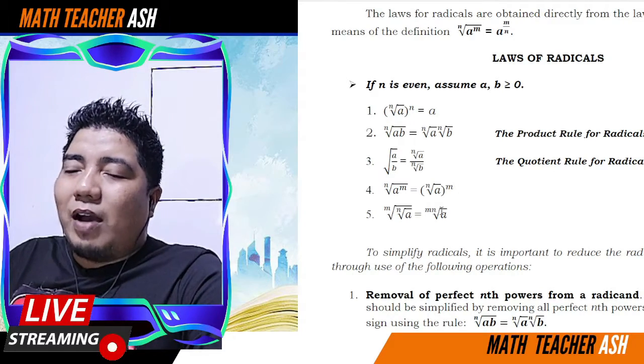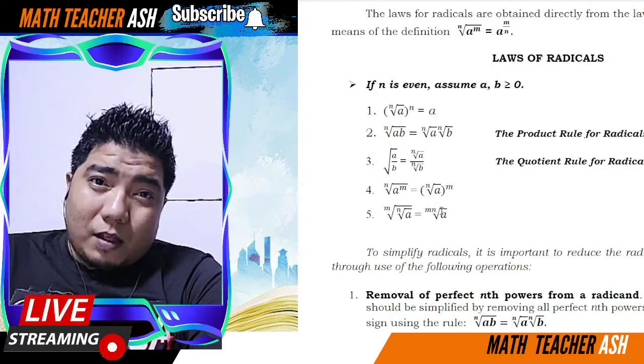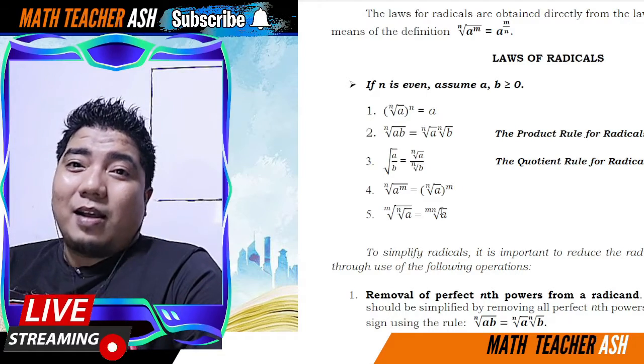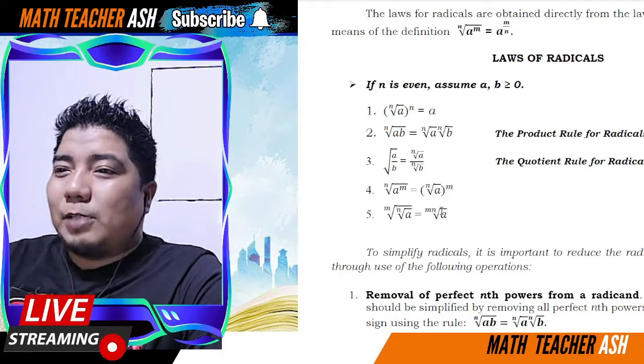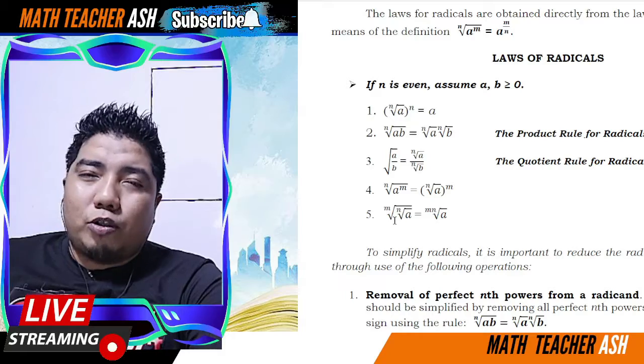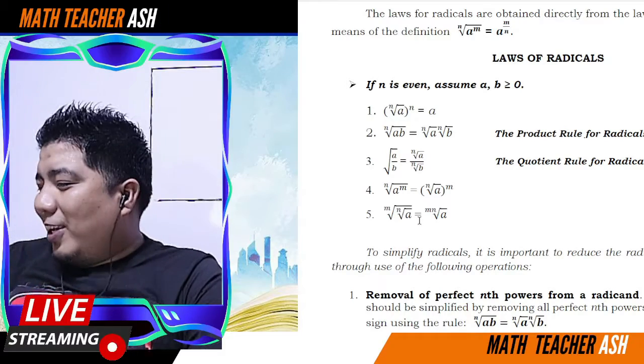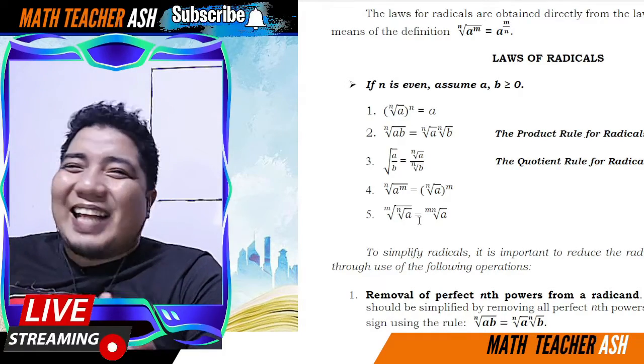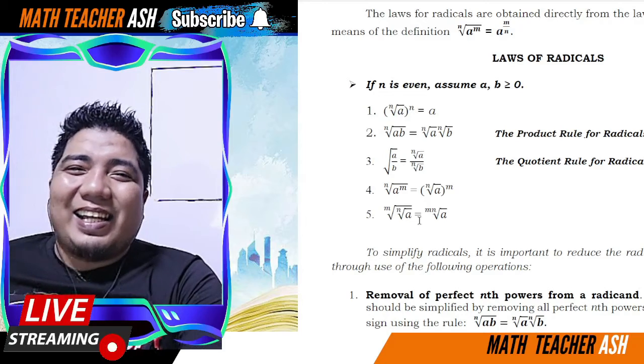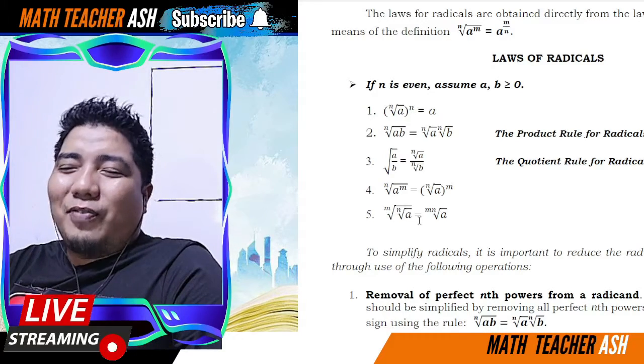And if ever you have a radical expression na ang loob niya ay isa pang radical expression, this is the mth root of the nth root of A. Okay. That is just the same as the mn root of A. Okay.